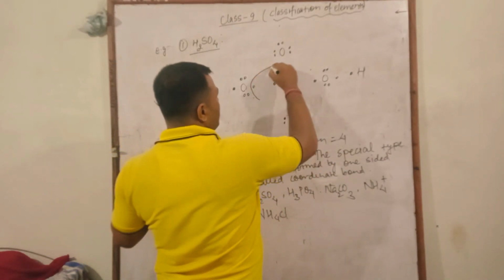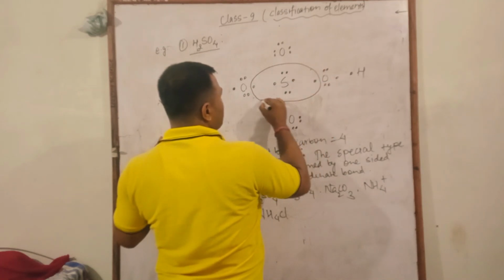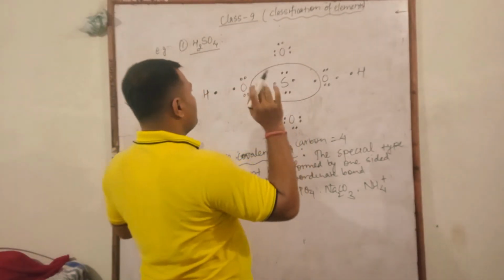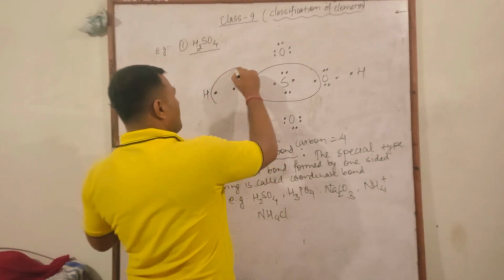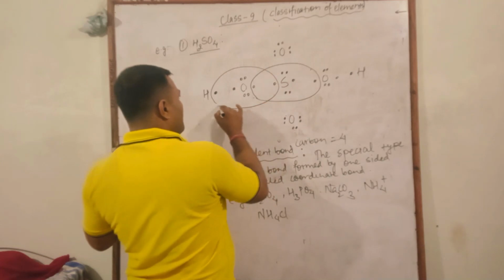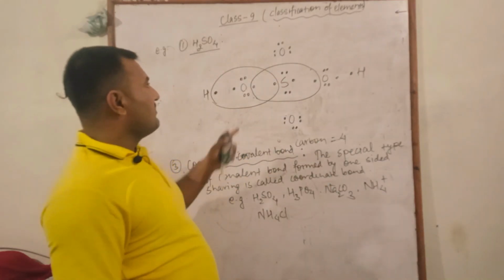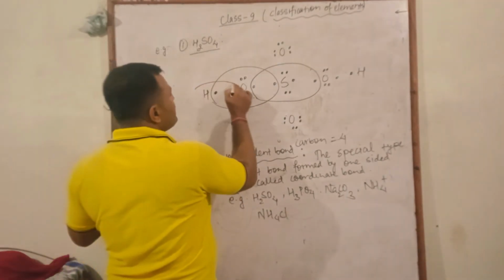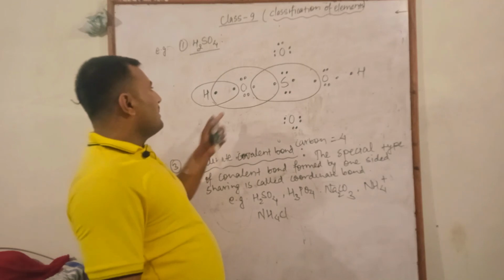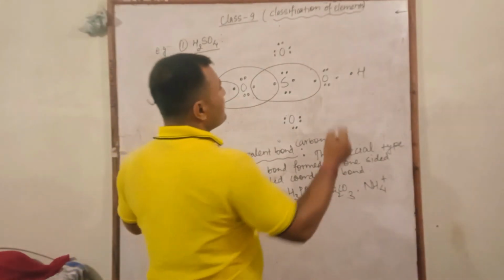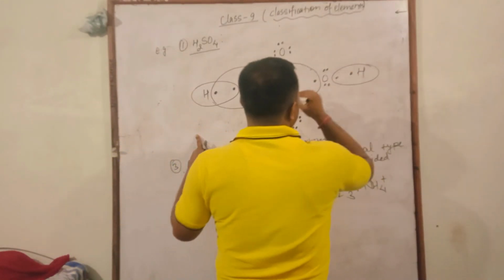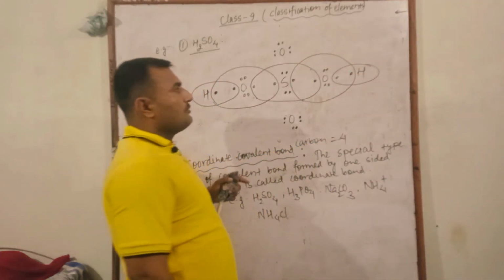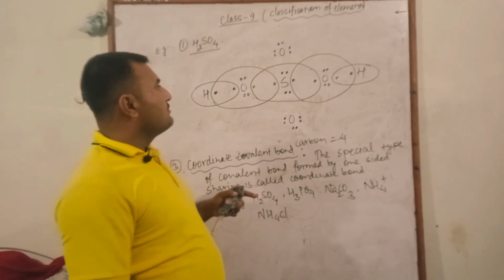Sulfur shares 1 electron each with 2 oxygen atoms, and the octet of sulfur is fulfilled. Oxygen shares 1 electron with hydrogen and 1 with sulfur, and its octet is fulfilled. Hydrogen shares 1 electron of hydrogen and 1 electron of oxygen, and the duplet is completed. Here also the duplet is completed.